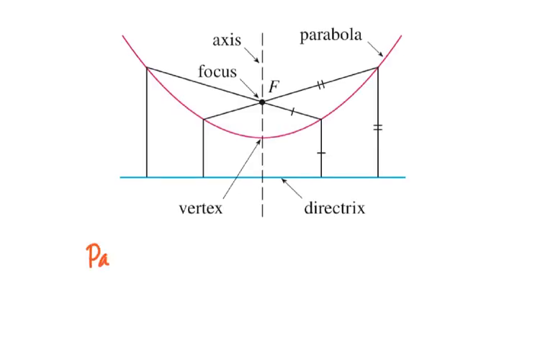So for our parabola, we know that x squared equals 4py is our equation. The focus is (0, p), and the directrix is y equals negative p.